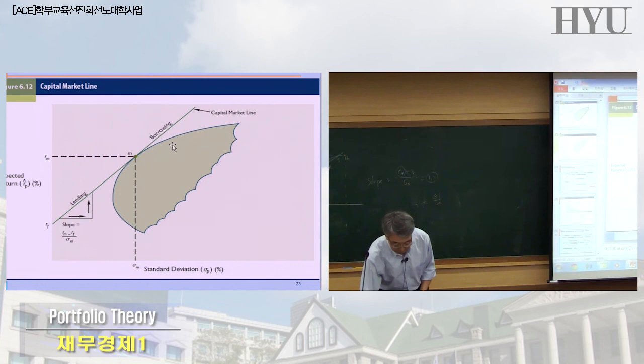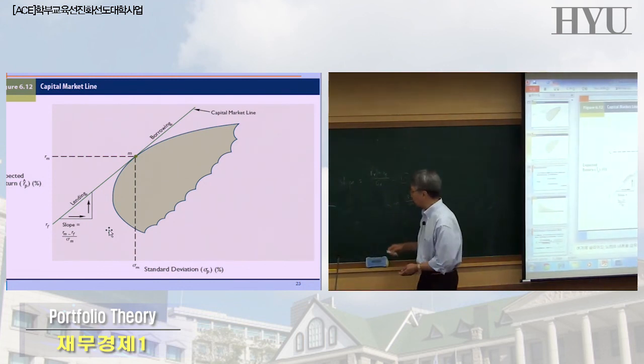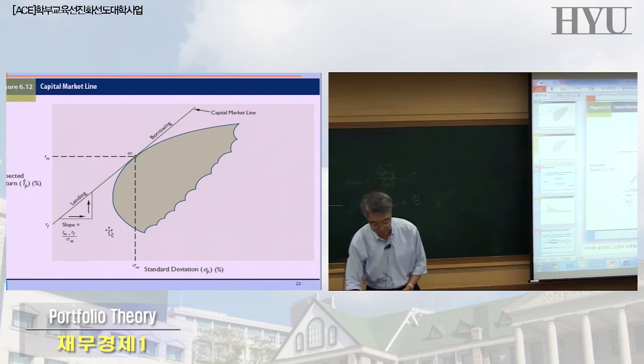But instead of X or Y, if you can move up, if you can turn or tilt your line upward, right, until there is only one point, tangent point, right, then the slope will be the largest. You can maximize the slope, right? In other words, you can maximize the return for risk. Okay? That's why we have this graph.